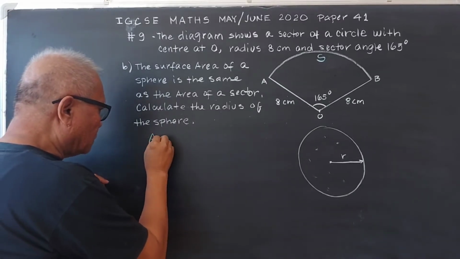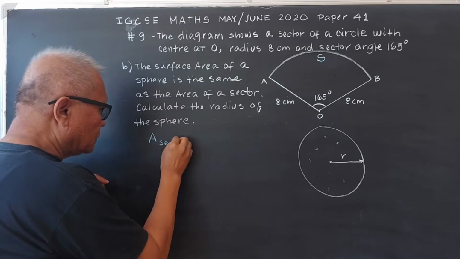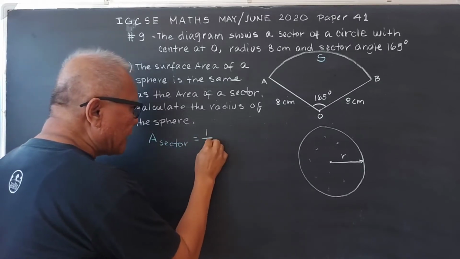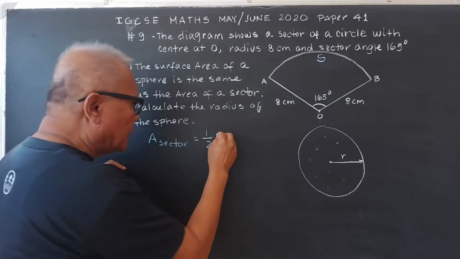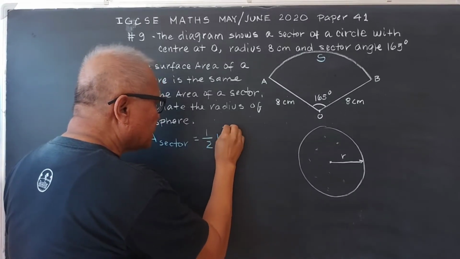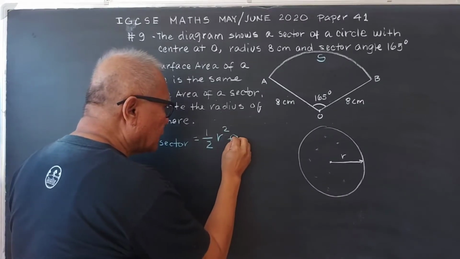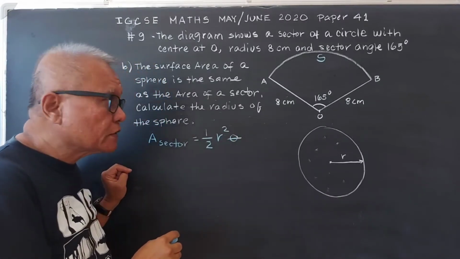Area of sector is equal to 1/2 the radius squared times the central angle in radians.